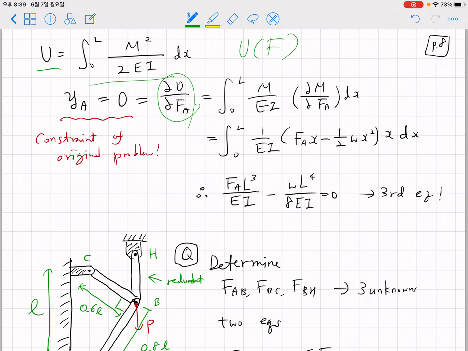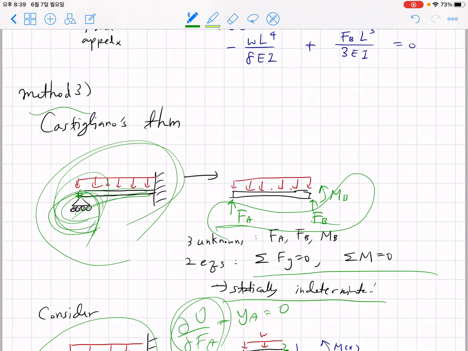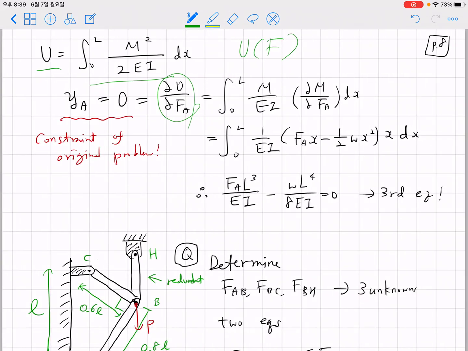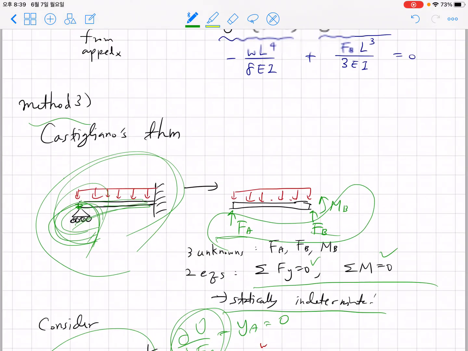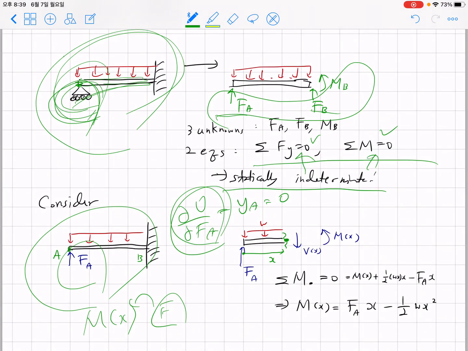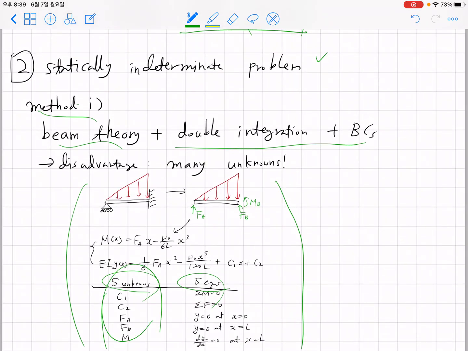You originally had equations 1 and 2, and now you have a third equation from partial U over partial Fa, which includes Fa. So you have a total of 3 equations and 3 unknowns, and you are guaranteed to solve the problem without increasing the number of unknowns.